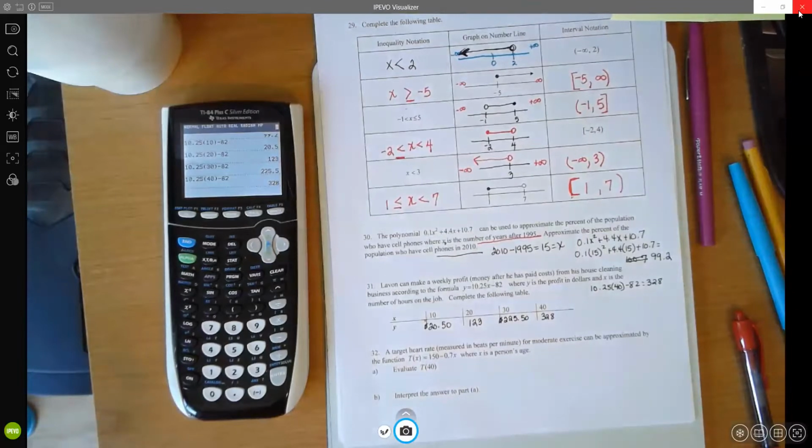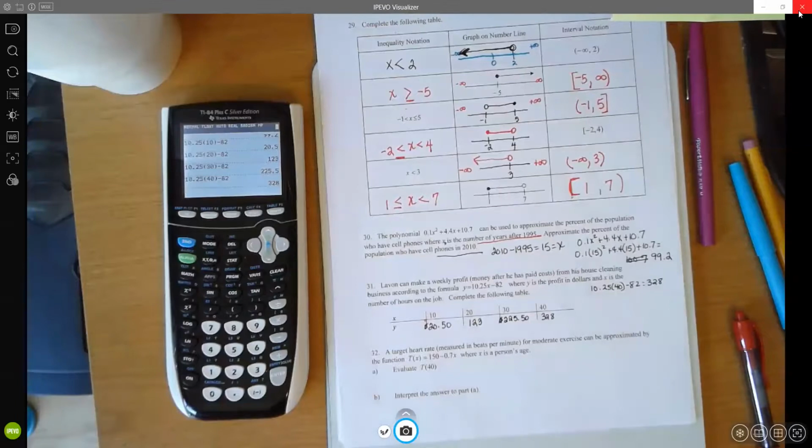A target heart rate measured in beats per minute for moderate exercise can be approximated by the function T of x equals 150 minus 0.7x, where the x is the person's age. Evaluate T of 40.